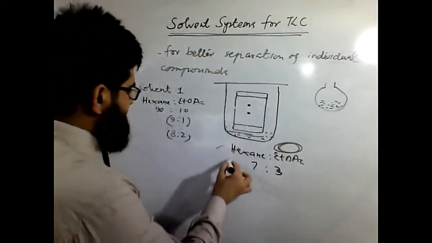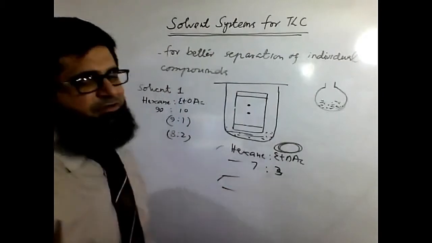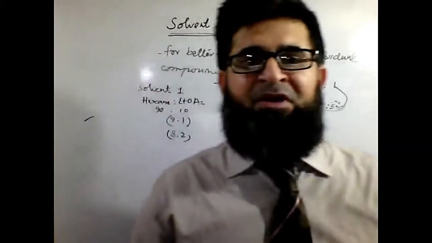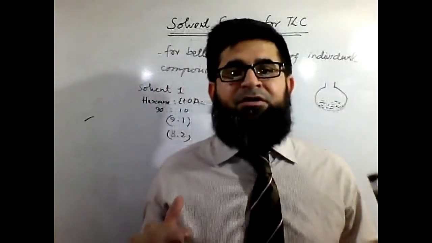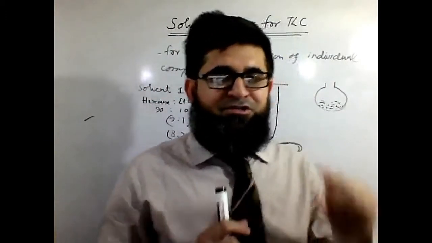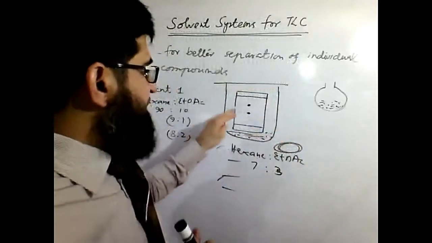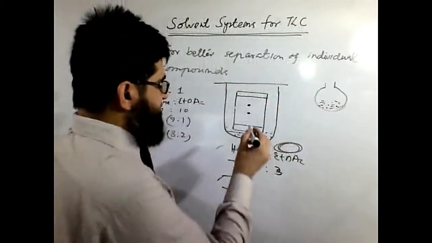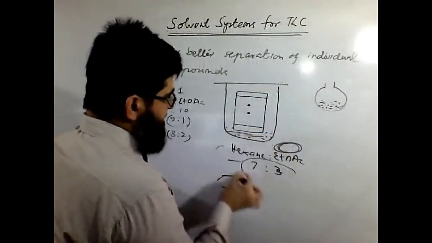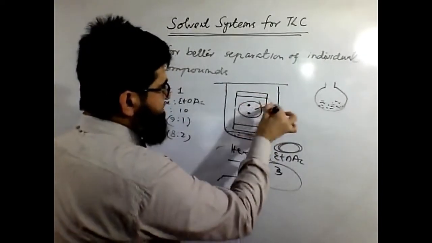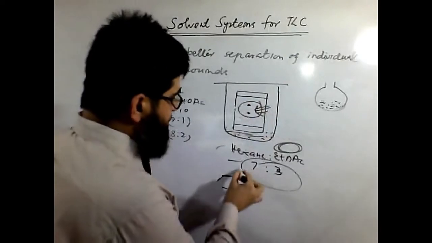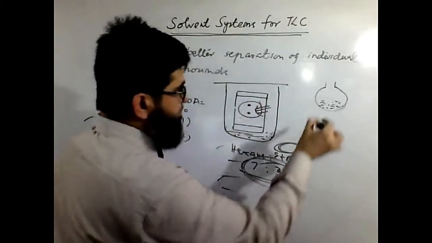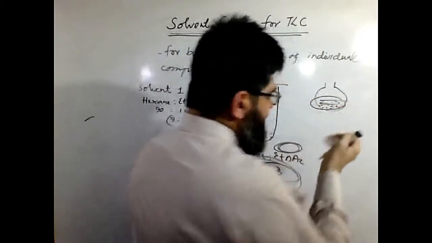So these systems are tried as trial methods. 90-10 is better, 80-20 is better, or 70-30 is better. We can use them on a smaller scale in the TLC. Then afterwards, when we see that 70-30 has given us the best separation between the compounds, we could use the same solvent system to separate these two from each other.